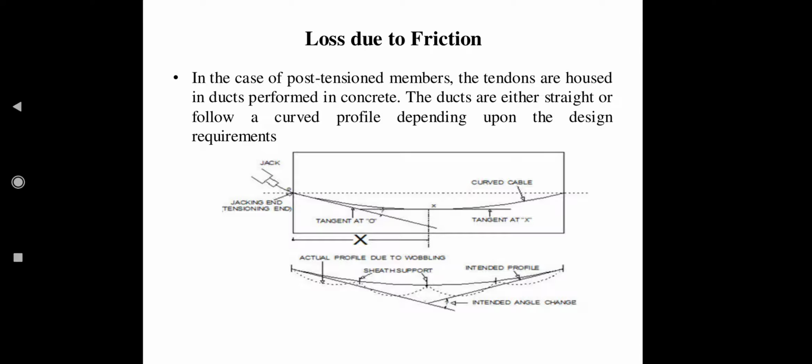Due to this friction, there is loss of prestress in the steel. Here you can see the cable is coming in contact with the duct, which results in the loss due to friction. The ducts are either straight or can be of curved profile depending upon the design requirement.